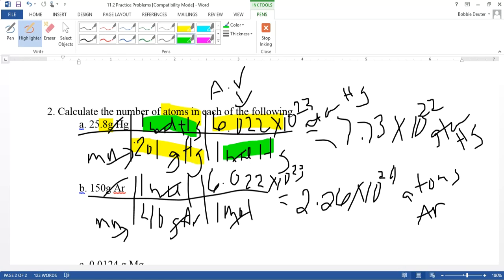So don't stop writing the moles in there. You need to write those out so you understand the conversions, because when we go from moles of mercury or grams of mercury to grams of argon, that step won't be hard anymore. That's why we leave those moles in there, because it's a necessary step and it's not always going to be 1.